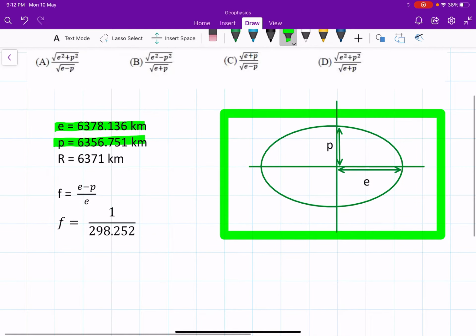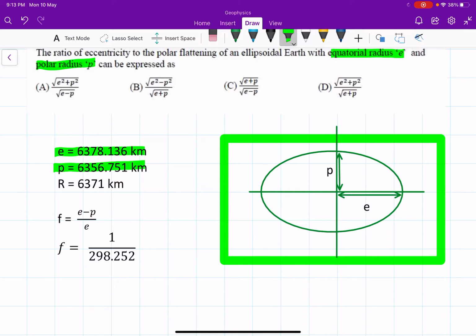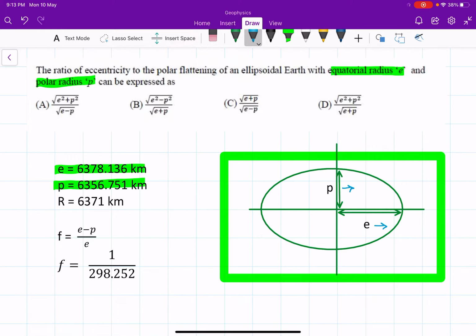This is the 2D shape, which will be like an ellipse. In this figure you can see E, which is the equatorial radius, and P, which is the polar radius. We have to first find the eccentricity, then the polar flattening, then the ratio.